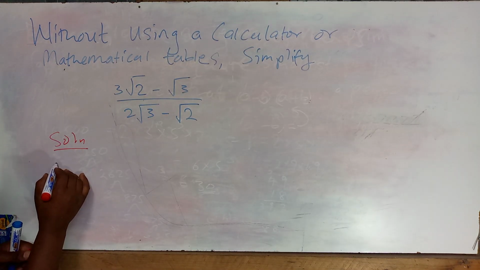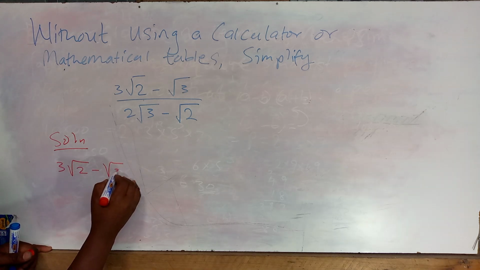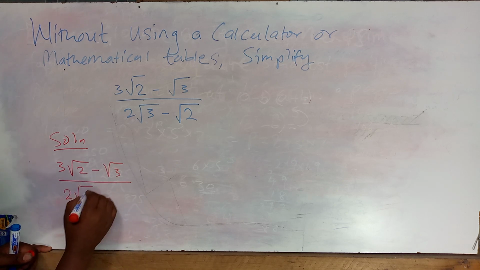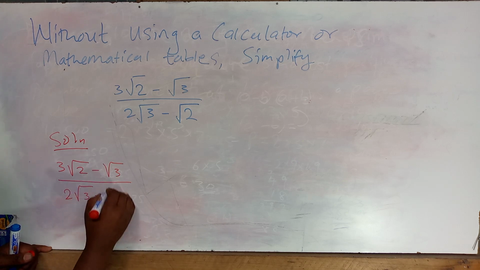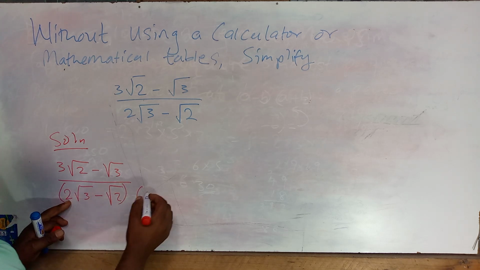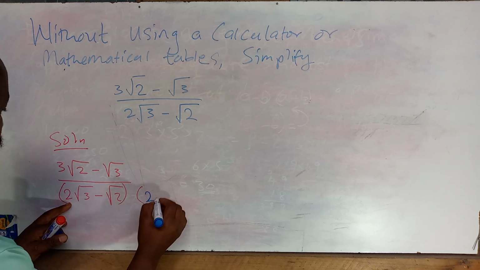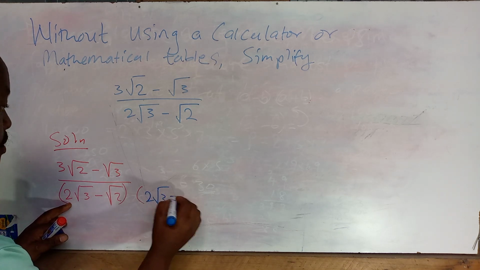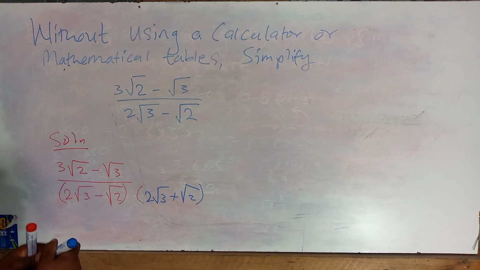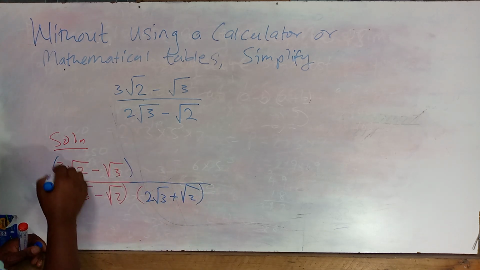We have 3 root 2 minus root 3, all over 2 root 3 minus root 2. Now, we multiply the denominator with 2 root 3 plus root 2, and what we have done on the denominator, we do the same at the numerator.